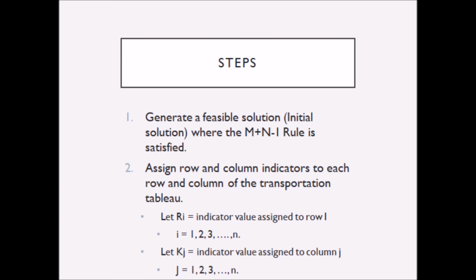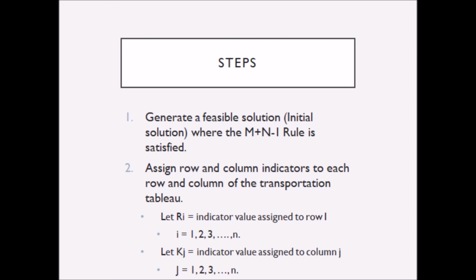After that, you can assign row and column indicators to each row and column of the transportation tableau. Let R sub i be the indicator value assigned to row i, and let K sub j be the indicator value assigned to column j, wherein both i and j can range from 1 to any integer.